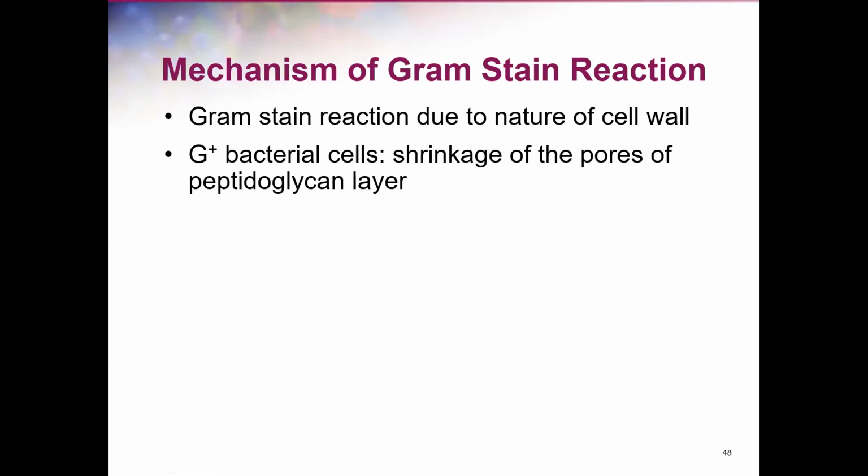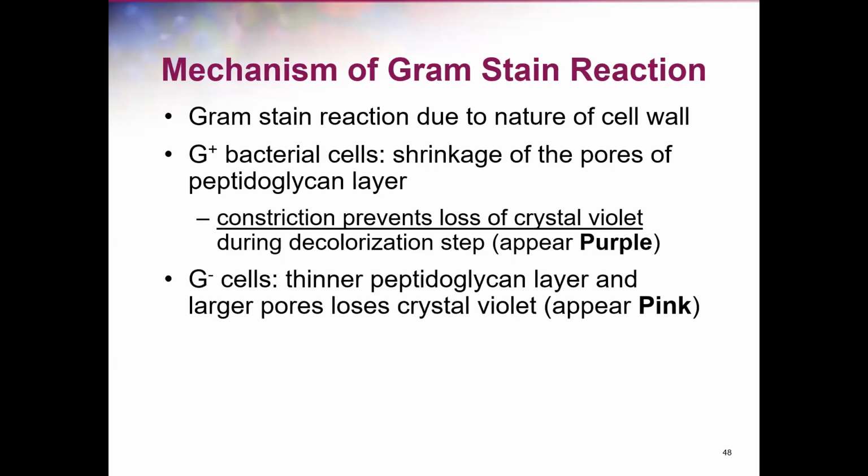Then this is just about the Gram stain reactions, which we already talked about, right? Because Gram-positive bacteria have a thicker peptidoglycan, they can hold more of the dye, crystal violet.